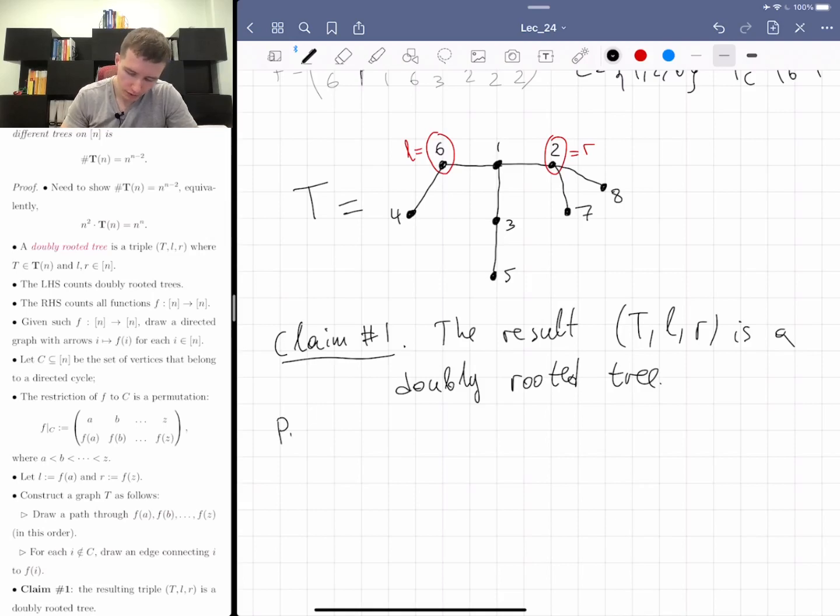How do I prove it? The only thing I have to prove is that T is a tree, because on L and R I had no restrictions, just an arbitrary pair of indices.